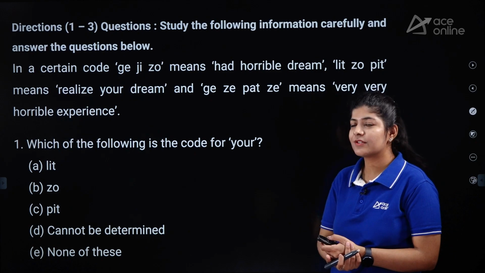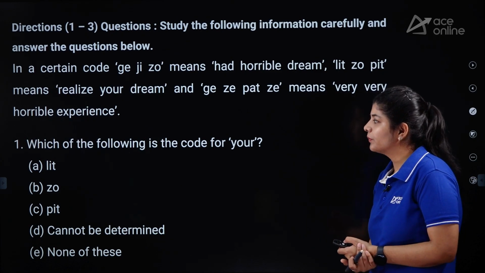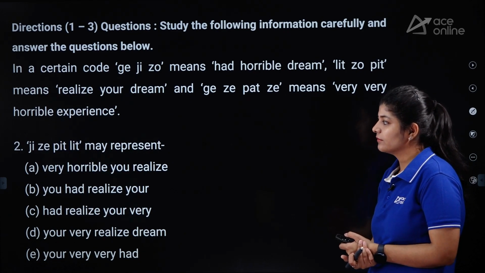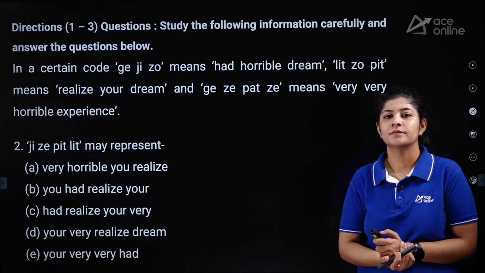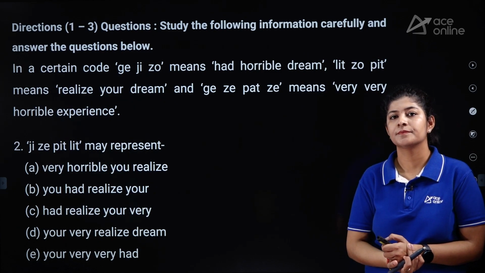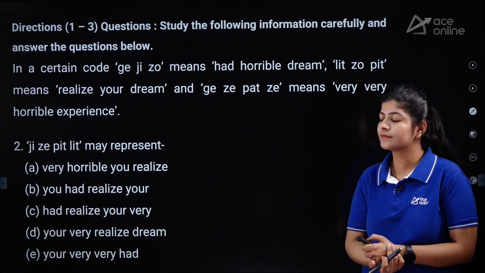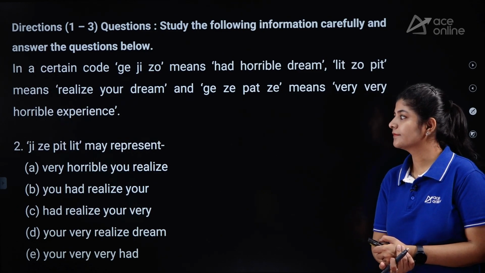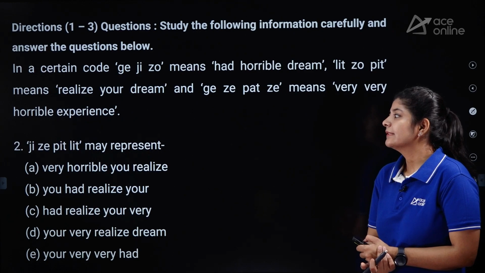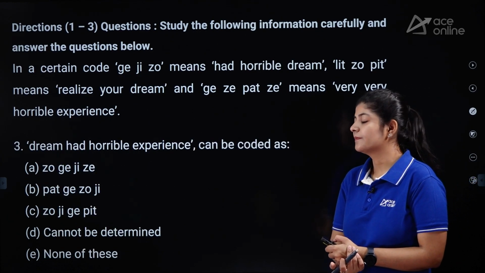Okay, so basically this is your question number 1. I really hope you all got your answer. Now this is your second question. And this one is your third question.